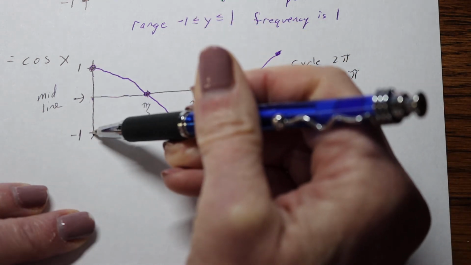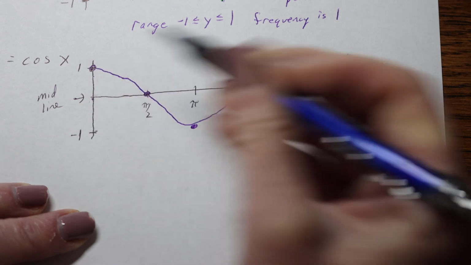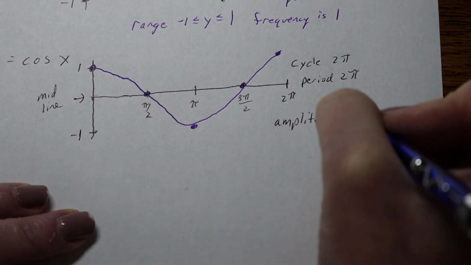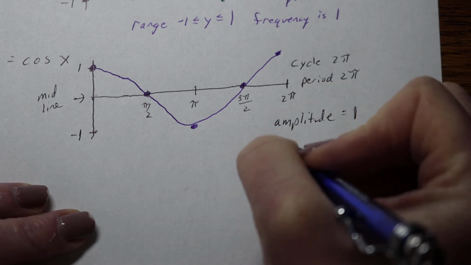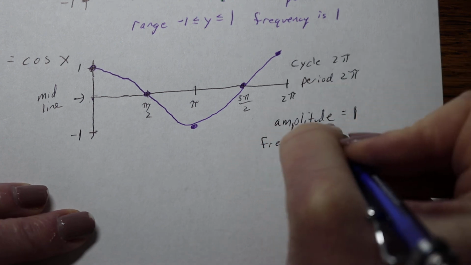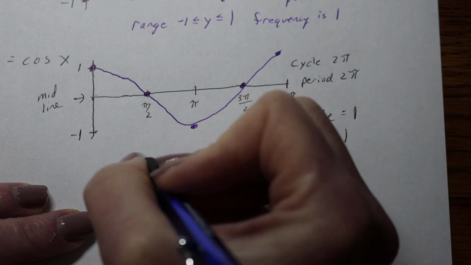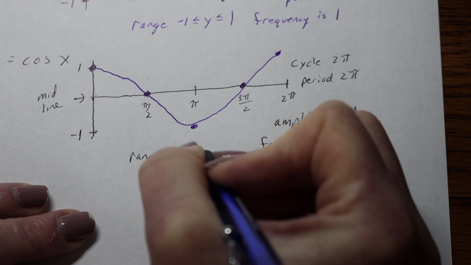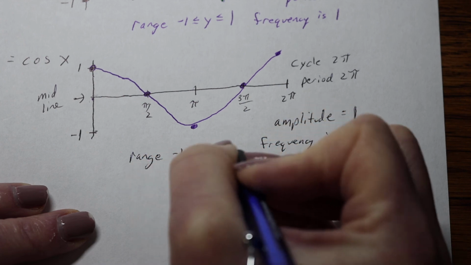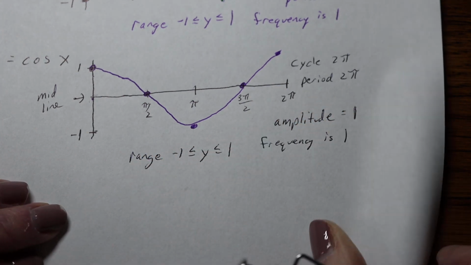It has a minimum of -1, so from its midline, its amplitude is 1. Its frequency is 1. And its range, -1, less than or equal to y, less than or equal to 1.